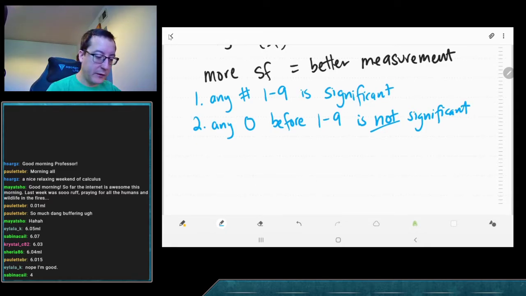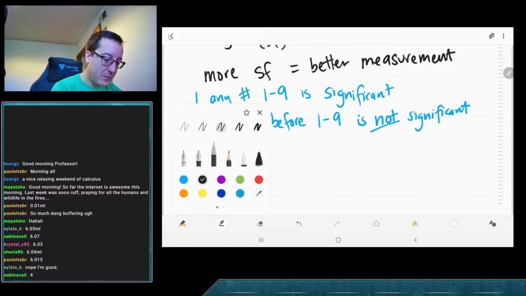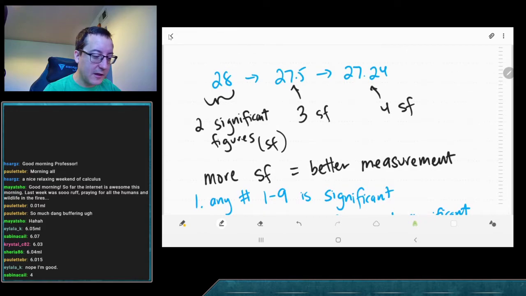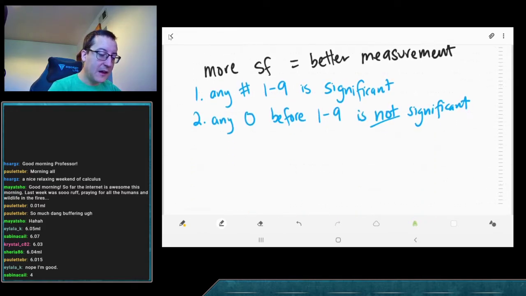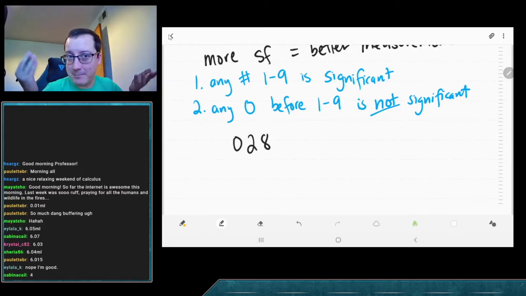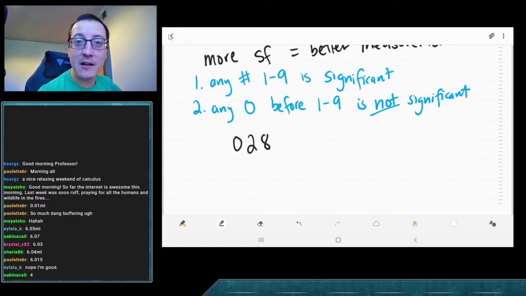Okay, so if we do some measurements, or rather, let's just throw in some things here. If I were to take our number 28 and stick a 0 before it, because why not? I could say, yes, this number is 028. It'd be kind of really absurd to say that.